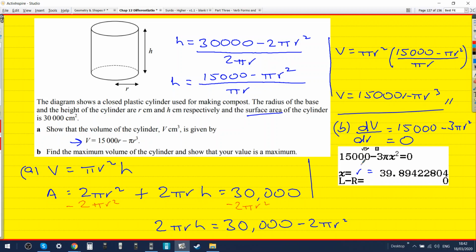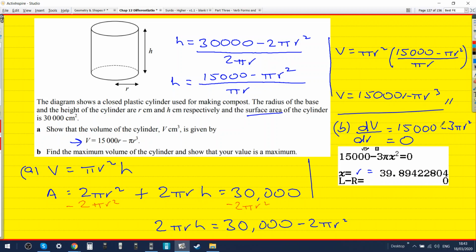Did you get exactly 0? Yeah. So you've just checked your answer, and your answer is correct. So the maximum volume is when the radius is 39.894. So when the radius is 39.894, we get the maximum volume.